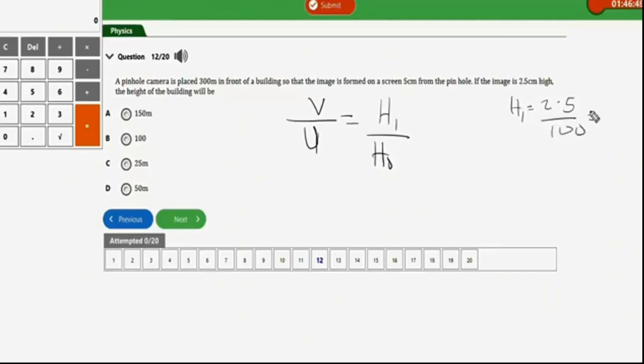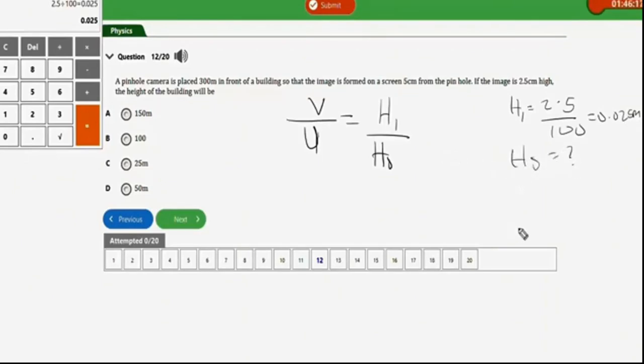Let's check the output on the calculator. 2.5 divided by 100. So we have it to be 0.025. Alright, so it's now in meter. Now the object height is unknown.